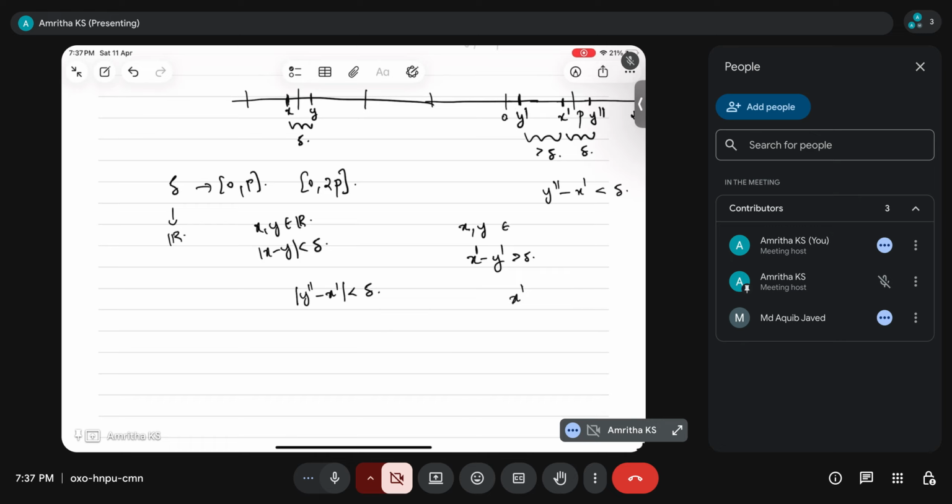I'm telling you, you are sure that there exists x dash such that x dash is in 0 to p, right? Now take y double dash to be x dash plus y minus x.